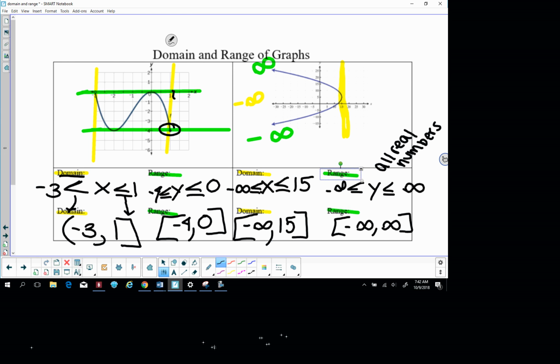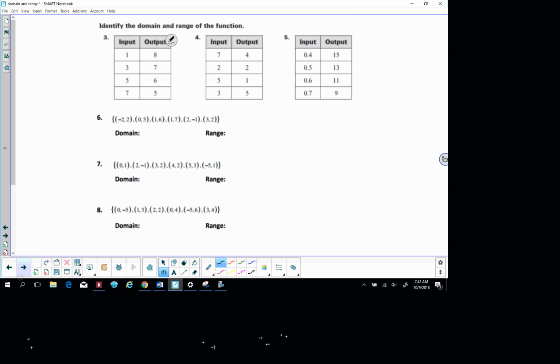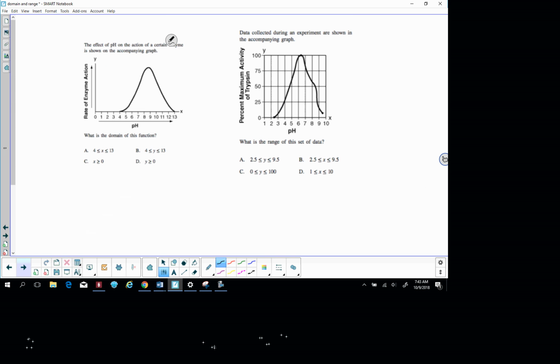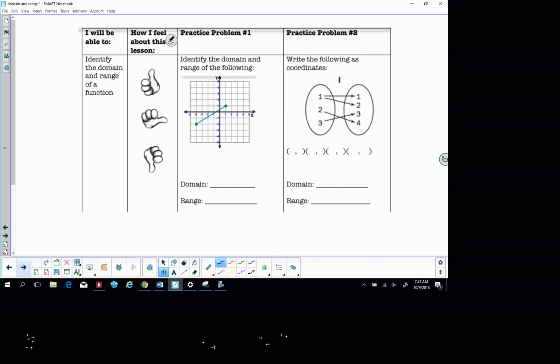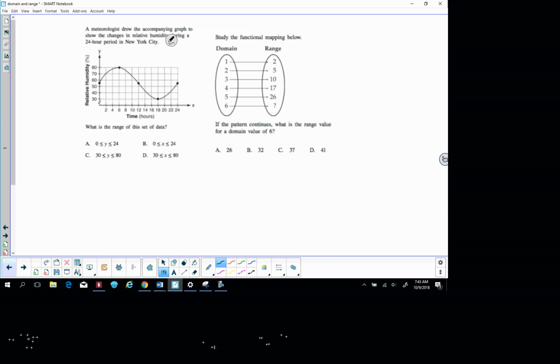I'm going to try the first couple are pretty easy, but I want to try the back page. So let's look at the back page. Turn the whole thing over to right here. This is just practice of points and things like that. Actually, let's look at this one right here.